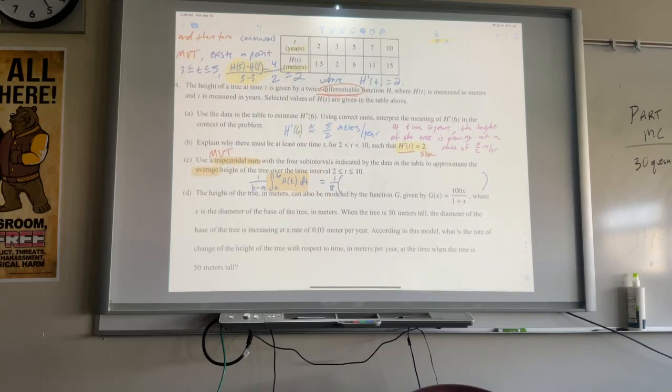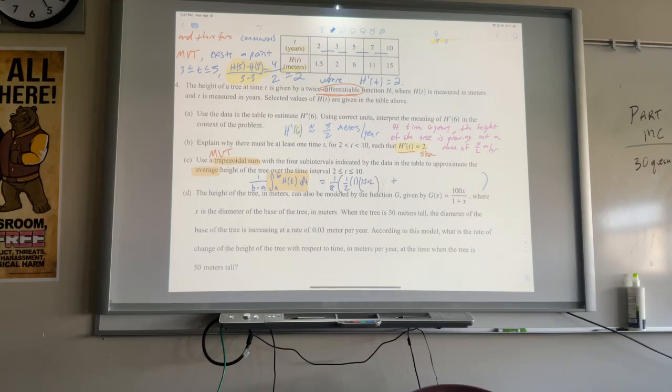Okay, ready? Trapezoids. Now look, these are unequal. Do you see that they're unequal? That one has a base of 1, a base of 2, a base of 2, a base of 3. They're unequal, so trapezoids go like this: 1/2, the base, and then the two heights. 1.5 plus 2.